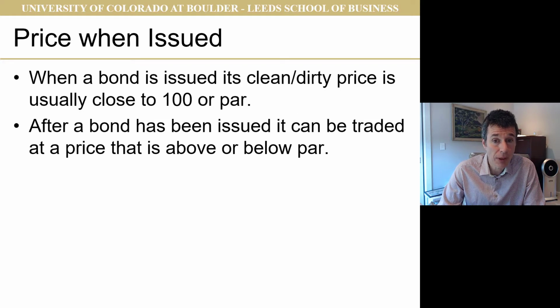So if the coupon rate of the bond, let's say, is 4%, and interest rates are 6%, interest rates are higher than they were when the bond was issued, the bond is typically trading at a discount. If the coupon rate on the bond is 4% and interest rates are 2%, then the bond's typically trading at a premium. Interest rates have fallen since when the bond was issued. When interest rates fall, bond prices go up.